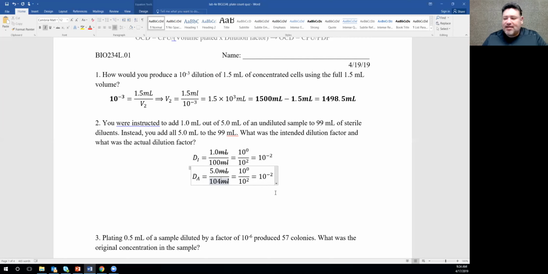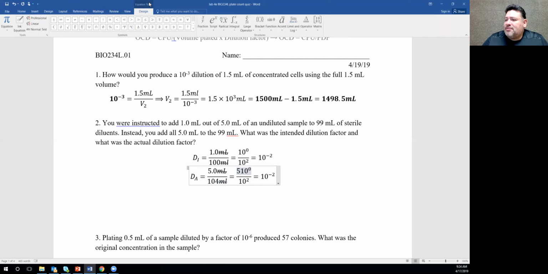See what a mess that is? Now I can't even use exponents very well here. This would be 5 times, actually I can, where can I steal that from?